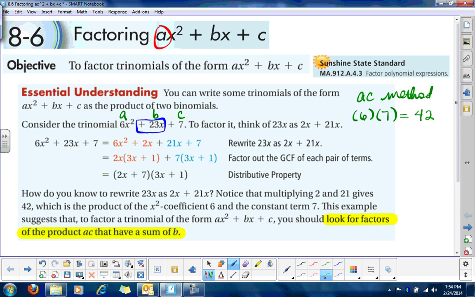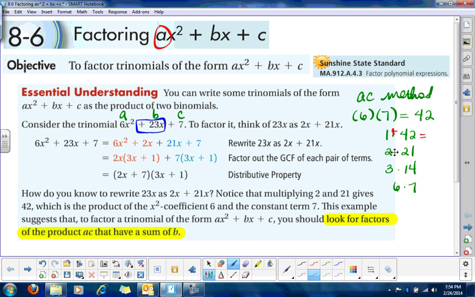So let's go ahead and factor 42. So we've got 1 times 42. We've got 2 times 21. 3 times 14. And 6 times 7.